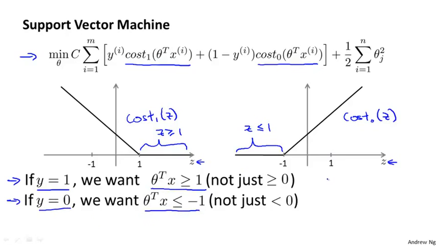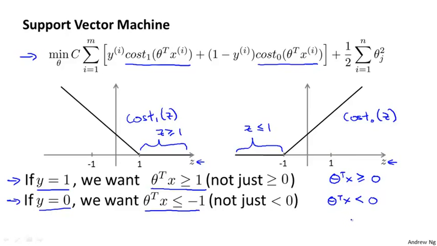Which is that if you have a positive example, so if y is equal to 1, then all we really need is that theta transpose x is greater than or equal to 0, and that will mean that we classify it correctly. Because if theta transpose x is greater than 0, our hypothesis will predict 1. And similarly, if you have a negative example, then really all we want is that theta transpose x is less than 0, and that will make sure we got the example right.